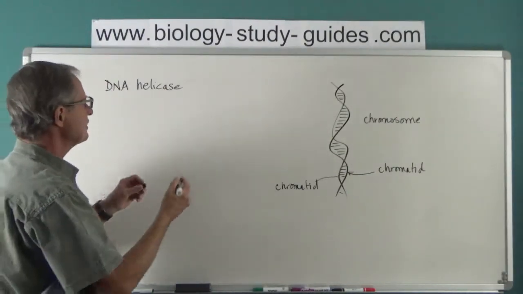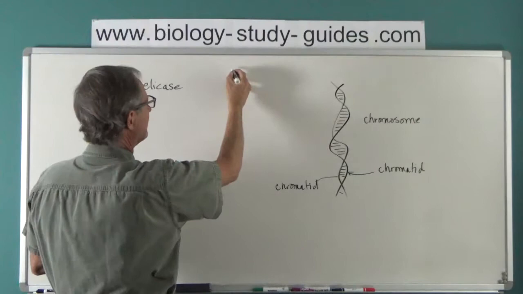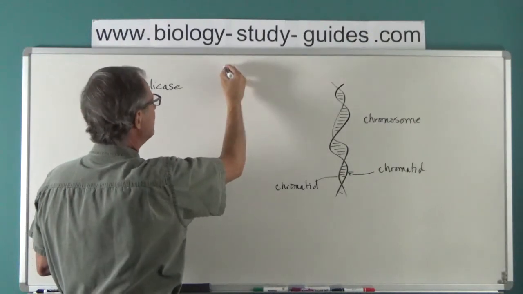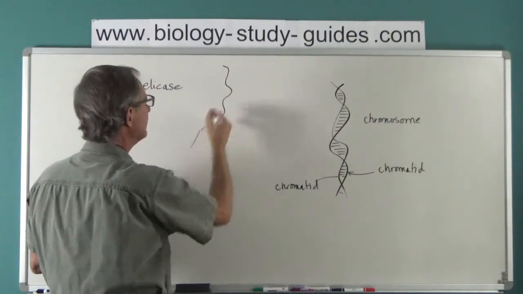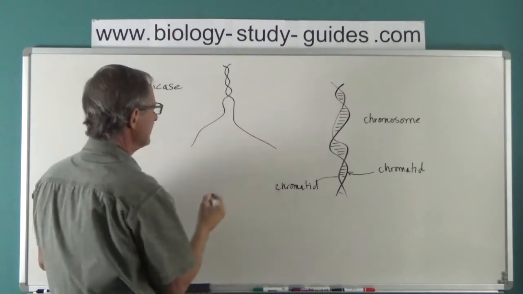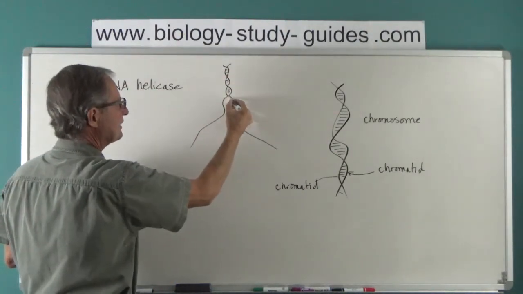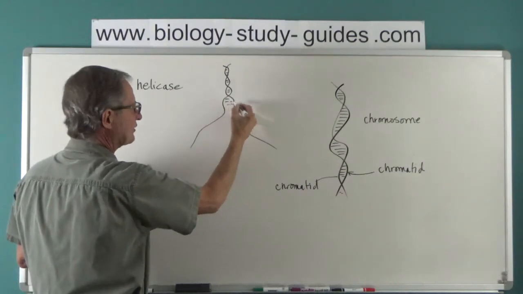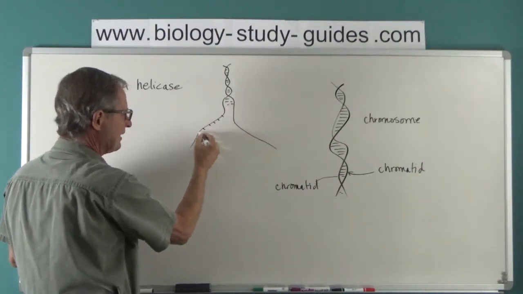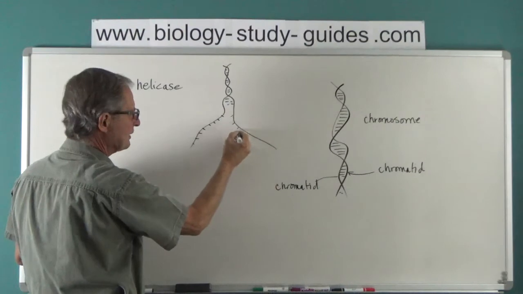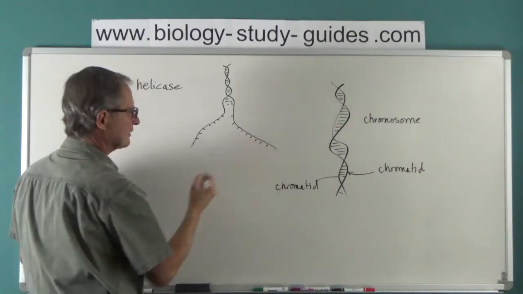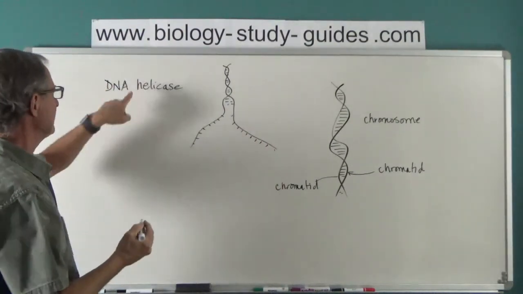So what happens is, I'll just draw it a little bit smaller here. If this is the DNA strand, these hydrogen bonds are still intact. These are not intact, they're just fragments of them. It breaks the hydrogen bonds between the complementary bases. That's the function of DNA helicase.